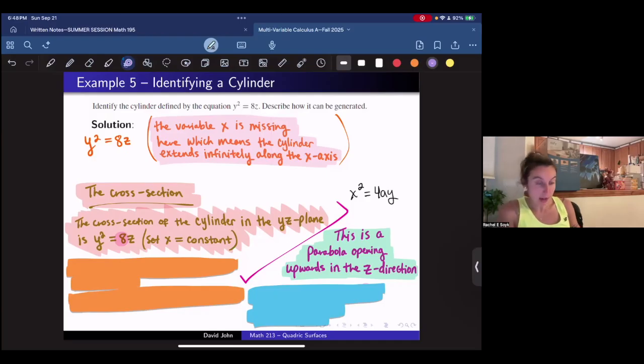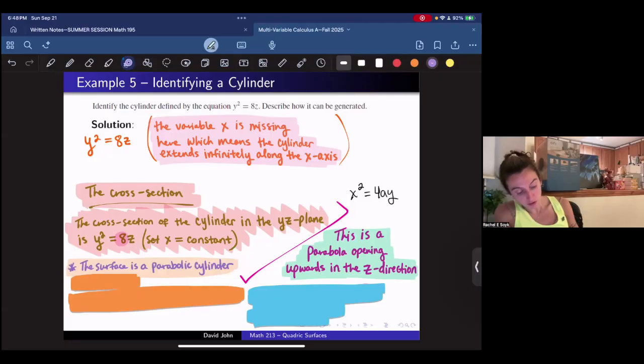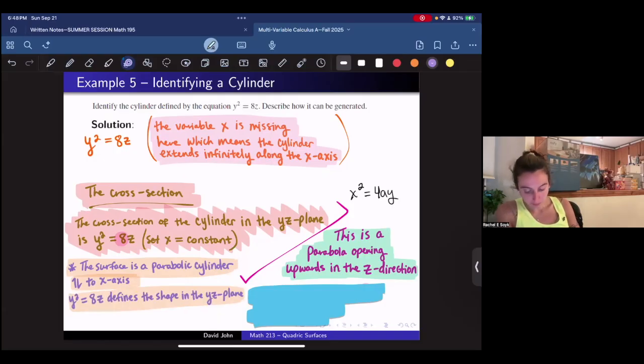And so what do we have? We have a parabolic cylinder, which is parallel to our x-axis, because that's that missing variable. And so our y squared equals 8z defines the shape in the yz plane.